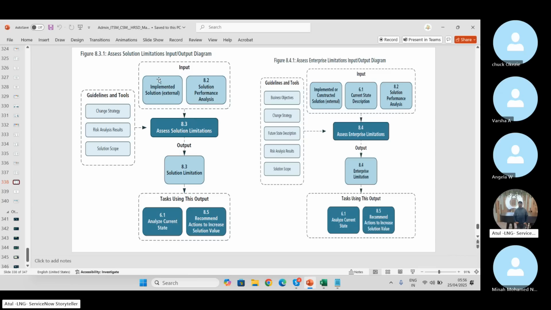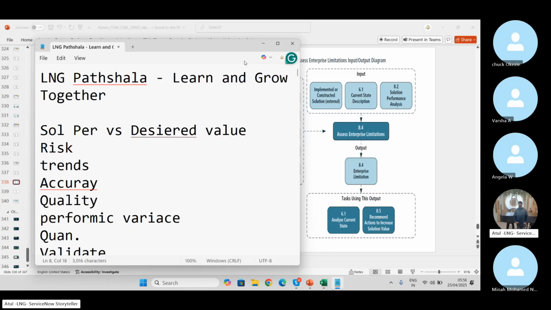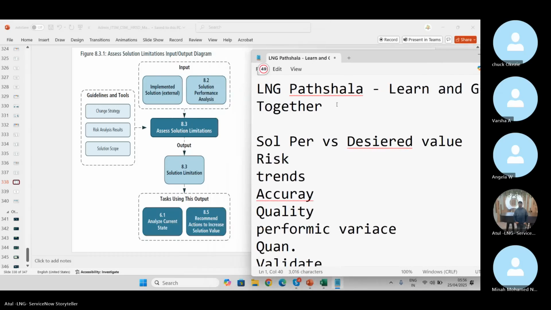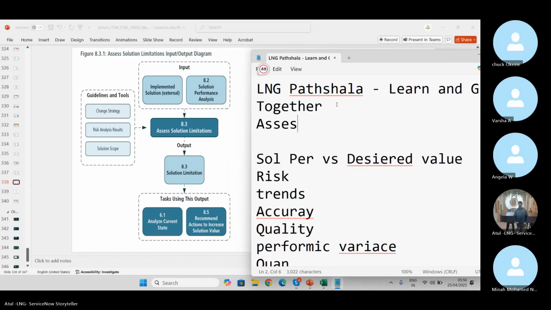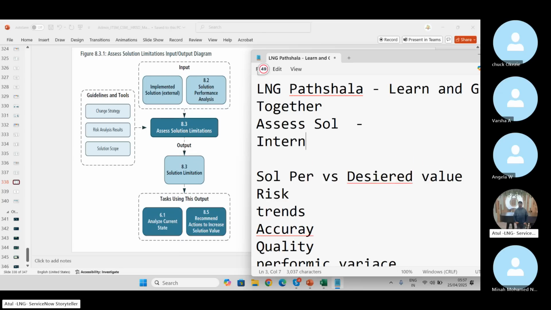And in this, the implemented solution externally and solution performance, when you are evaluating it, the first element in this evaluation is internal dependency.